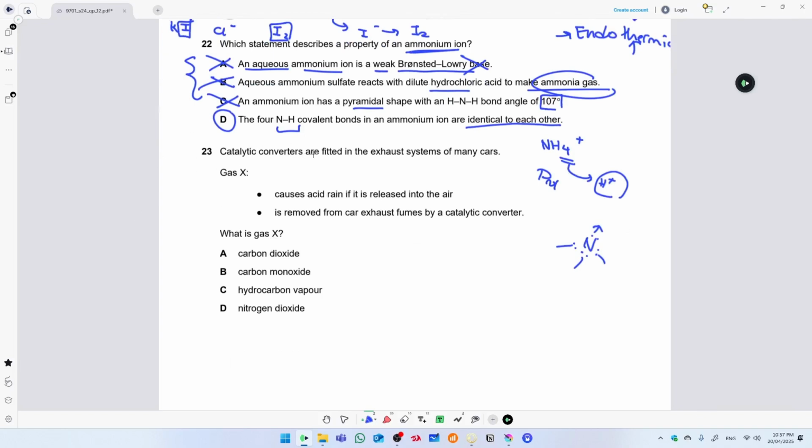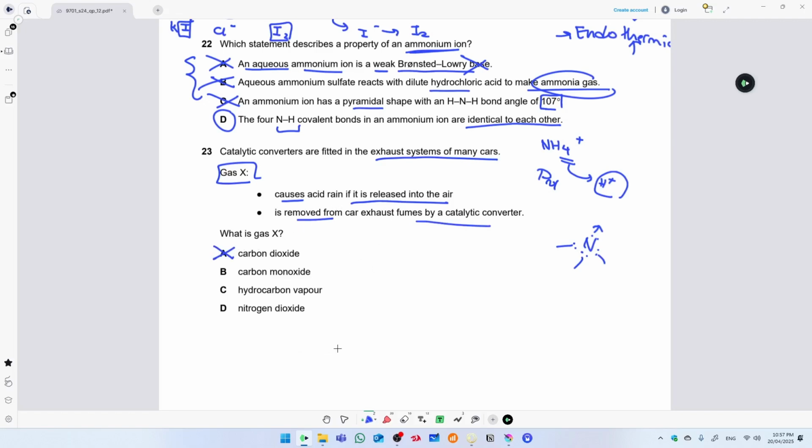Catalytic converters are fitted into the exhaust systems of many cars. Gas X causes acid rain if it's released into the air, and is removed from car exhausts. Carbon dioxide is not actually removed, it's formed in catalytic converters.